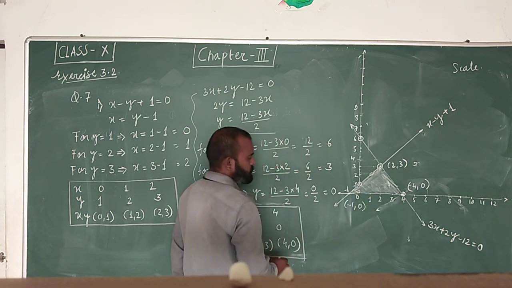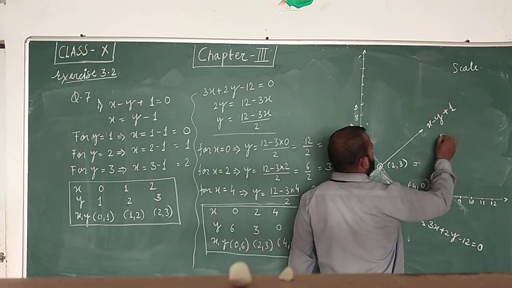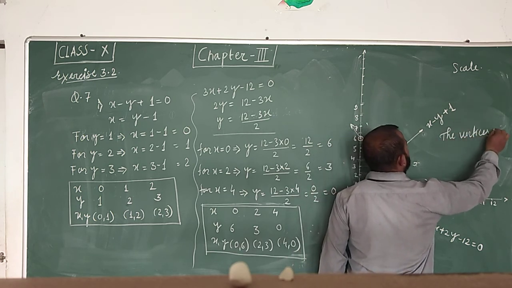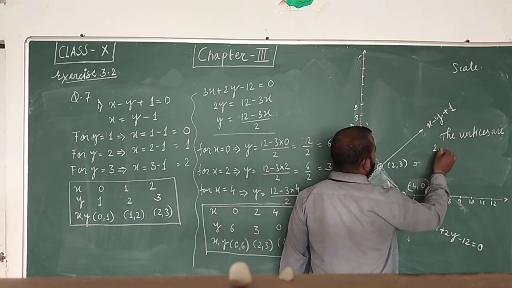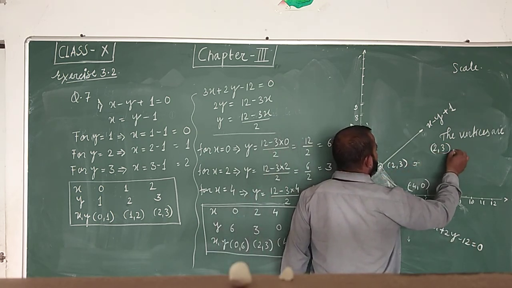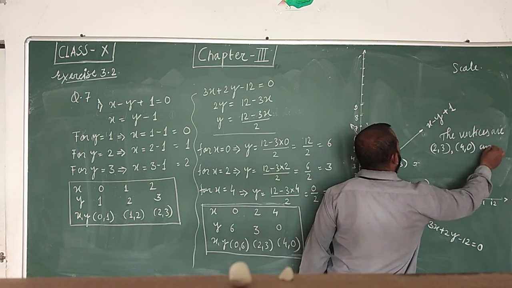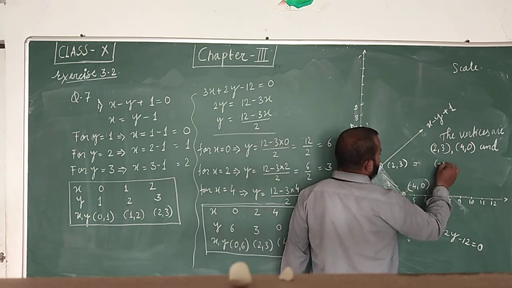Okay. Therefore here you can write the vertices are (2, 3), (4, 0) and the third one is (-1, 0).